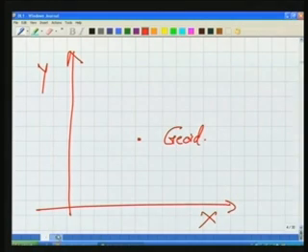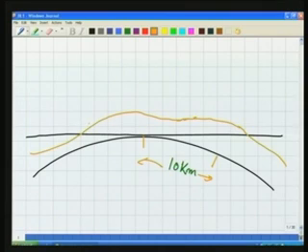I will give you one more example. Here is the earth, as you can see, that is the surface of the earth, and this surface here is the geoid, and here is a flat plane which is tangential to the geoid at this place.